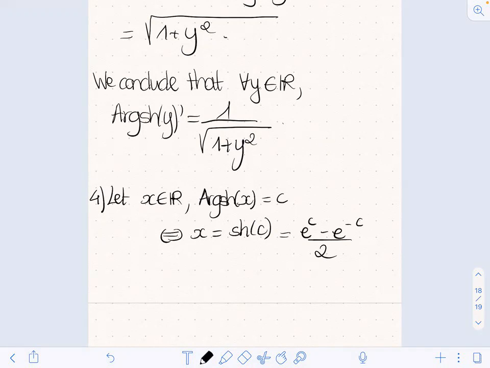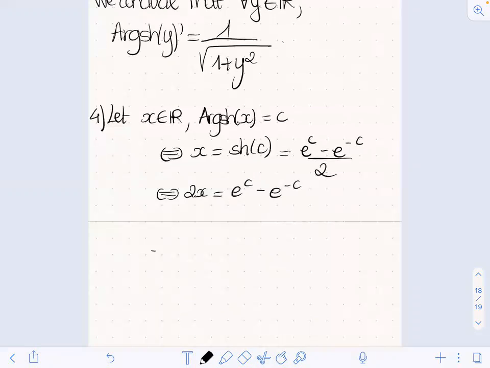Okay, so if we perhaps just move the 2, we get 2x equal to exponential of c minus exponential of minus c. And one thing that we can do here is multiply everything by exponential of c, and shift everything to the same side of the equation.